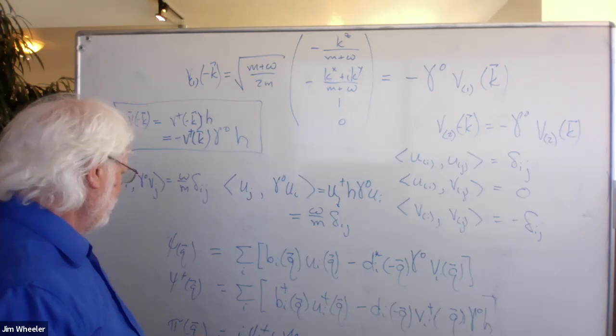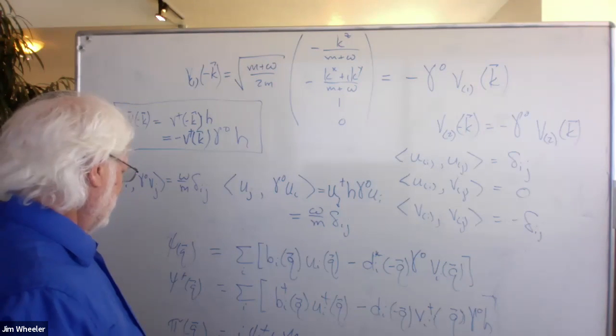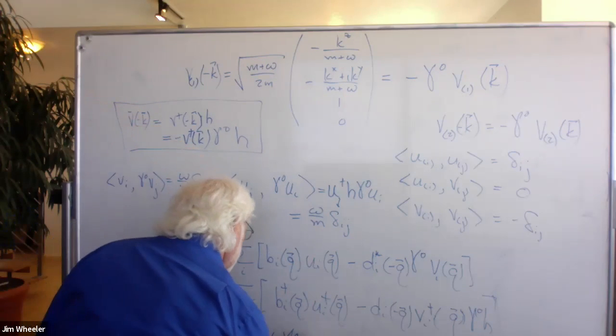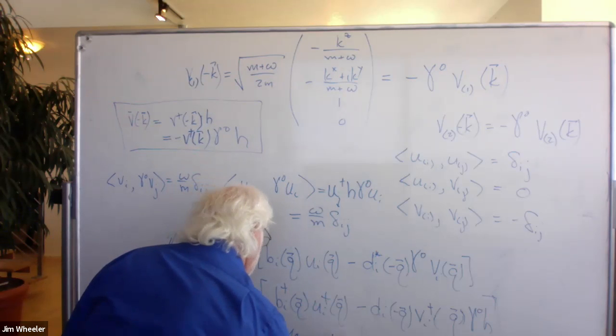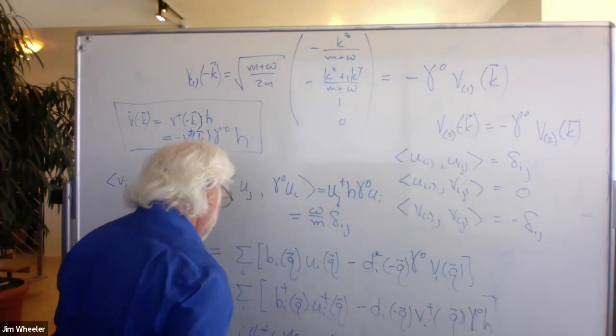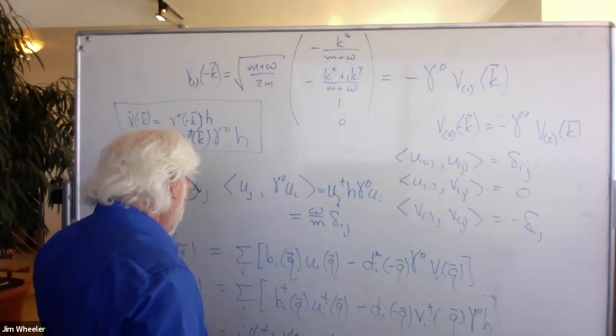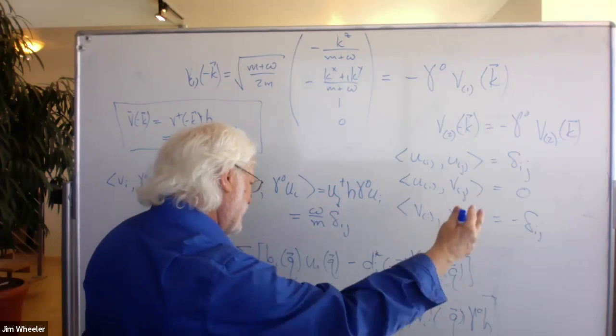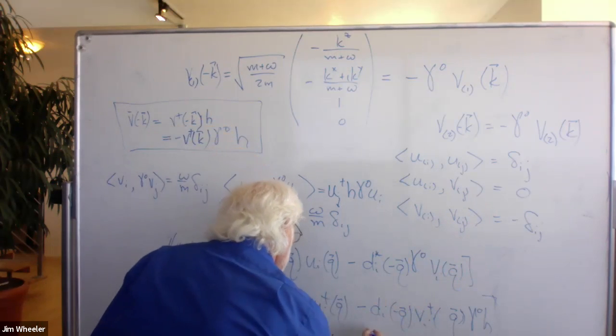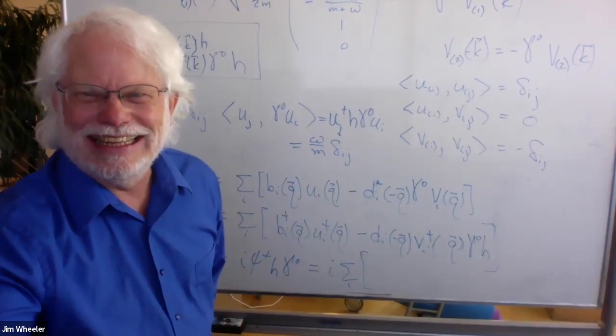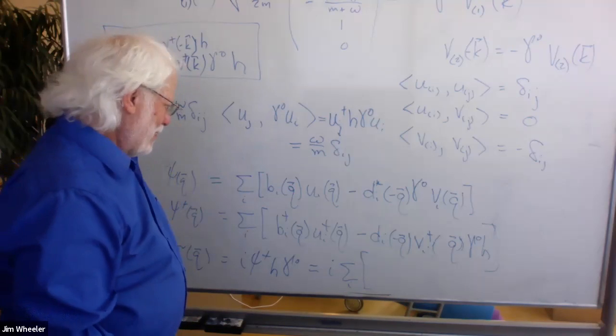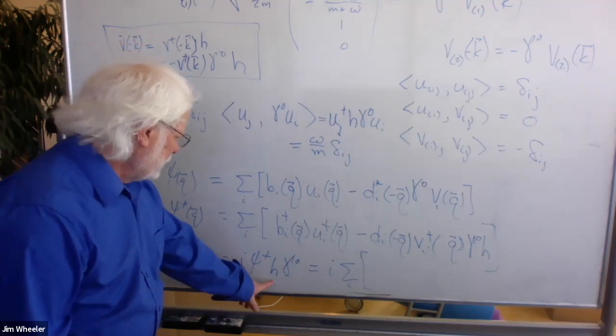And then pi, this is going to be, we have an I out front. We have the sum on spins. And then psi dagger, and then we need an H gamma 0. Okay, so I'm just multiplying this out.